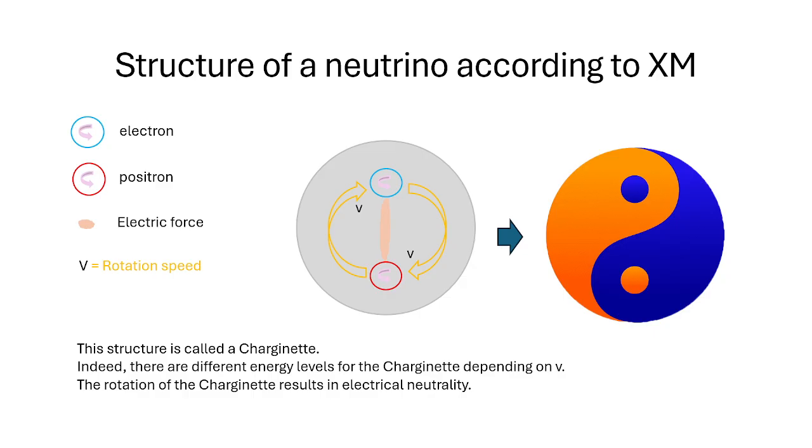Structure of a neutrino according to XM. A positron and an electron make a system in rotation with a speed v. This structure is called a charge net.